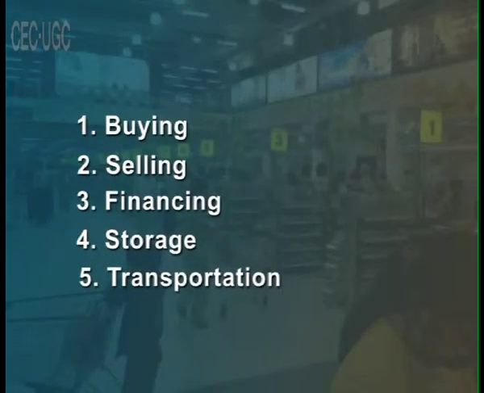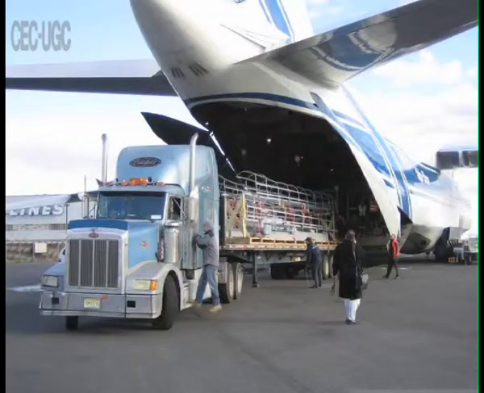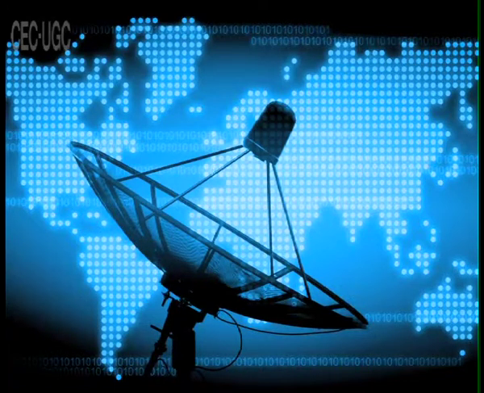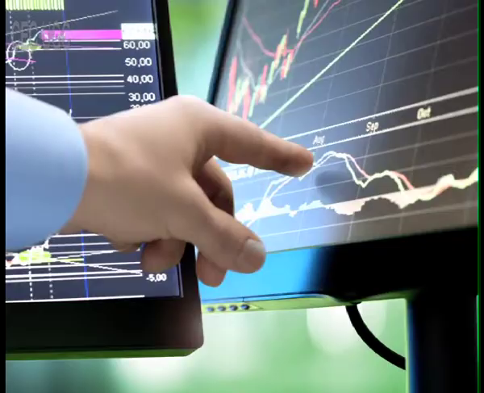Fifth, transportation. Products must be physically relocated to the locations where consumers can buy them. This is a very important function. Transportation includes railroad, ship, airplane, truck, and telecommunications for non-tangible products such as market information.